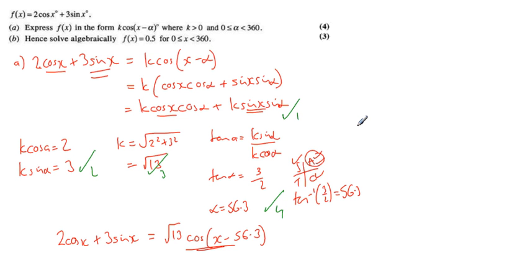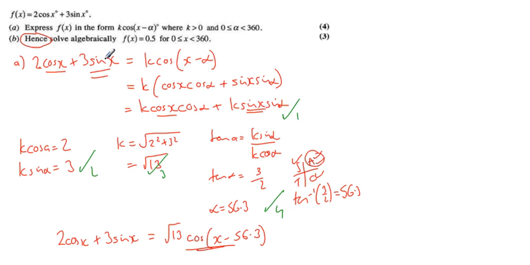So part B after your wave function is hence solve algebraically f of x is equal to 0.5. Firstly, there's that word hence. We're going to use what we did in part A to answer part B. In part A, we changed f of x, which was 2 cos x plus 3 sin x, into a wave function.